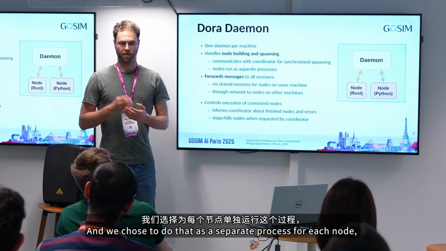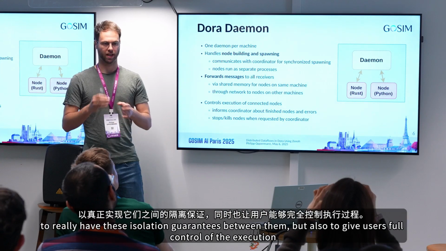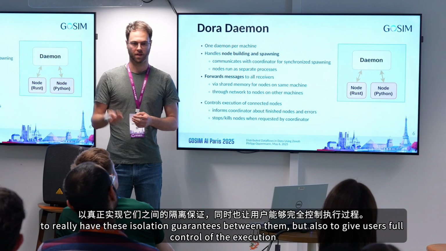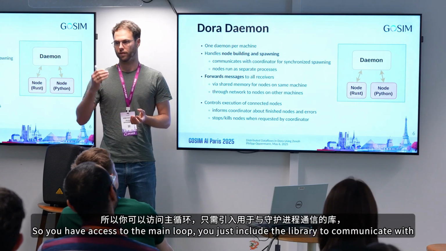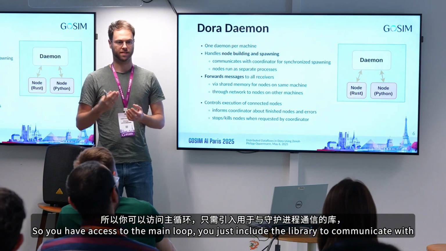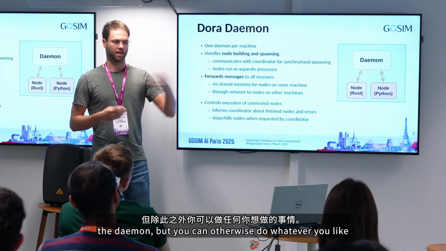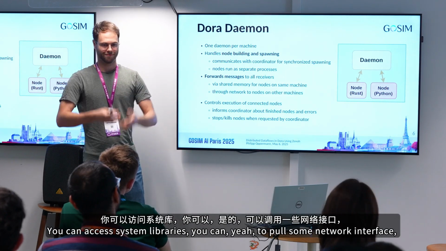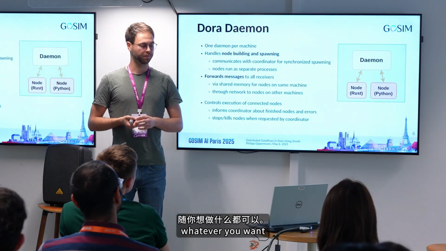We chose to do that as a separate process for each node, to really have these isolation guarantees between them, but also to give users full control of the execution. So you have access to the main loop. You just include the library to communicate with the daemon, but you can otherwise do whatever you like. You can access system libraries, you can poll some network interface, whatever you want.